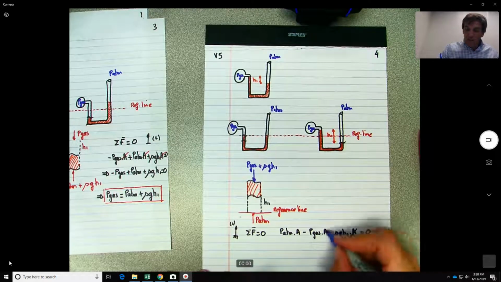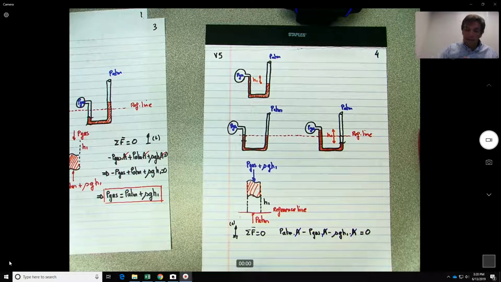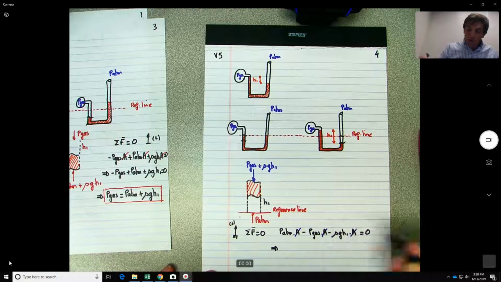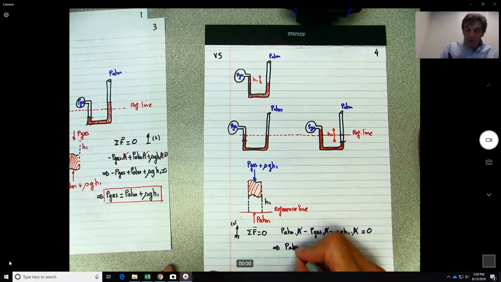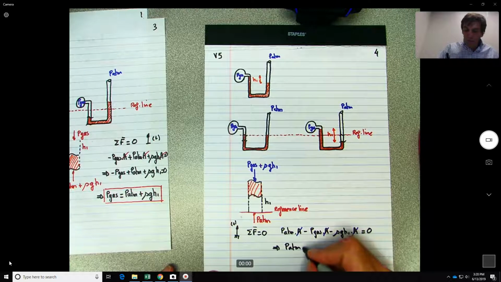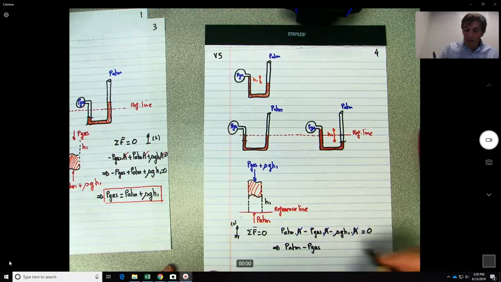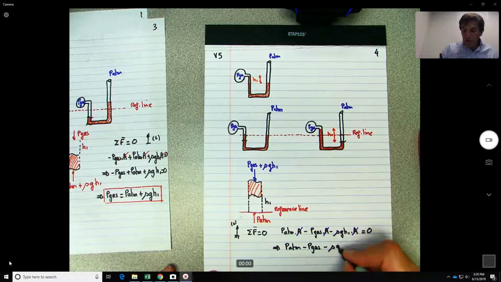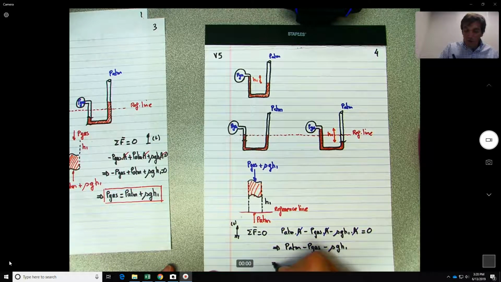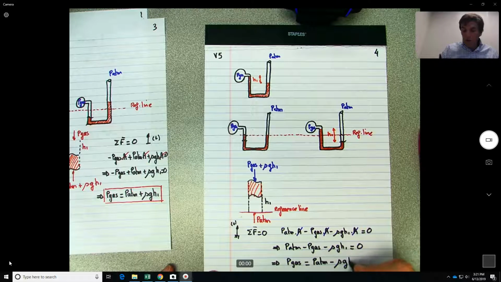By now, you should see that we can cancel the area. This will give you what? P atmosphere minus P gas minus rho g h1, which will give you that the P gas will be equal to what? P atmosphere minus rho g H1.